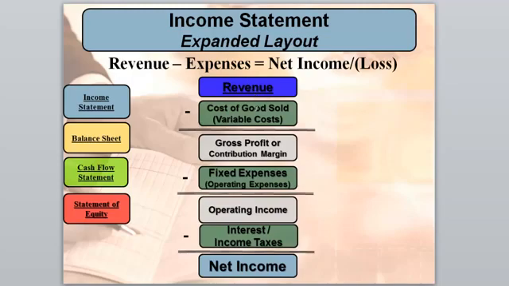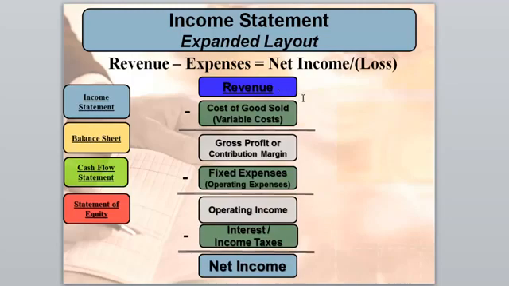This is the cost of the products or services that they're selling, to come up with either a gross profit number or a contribution margin number, less their fixed expenses or the rest of their operating expenses, to come up with operating income. And then finally you subtract out interest and income taxes to come up with net income.